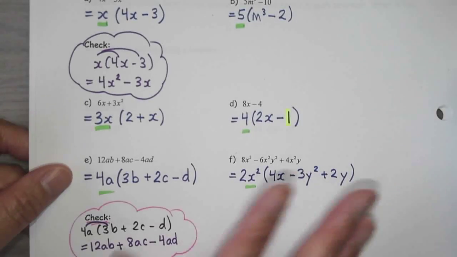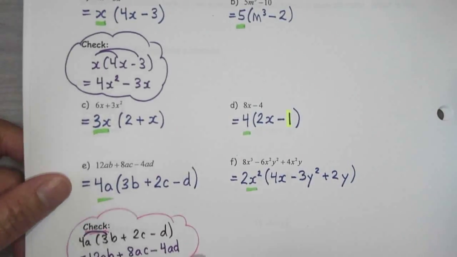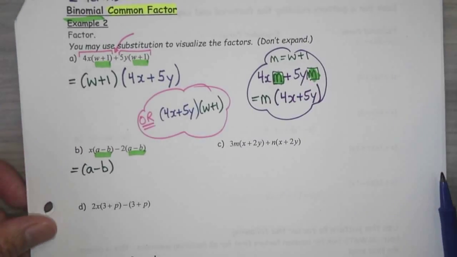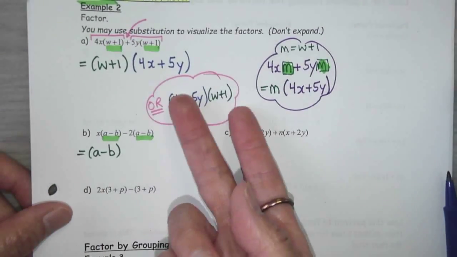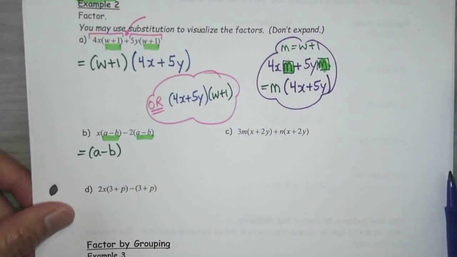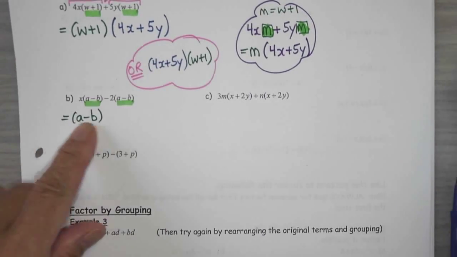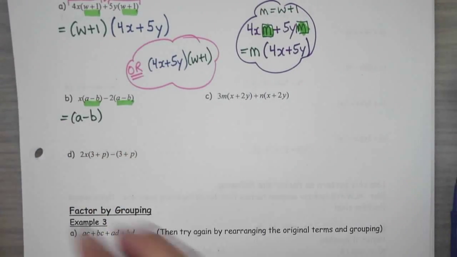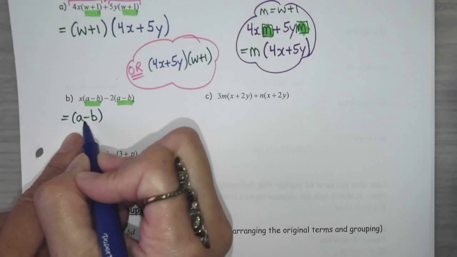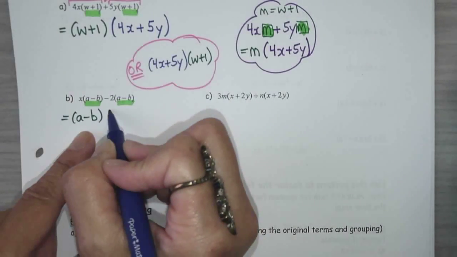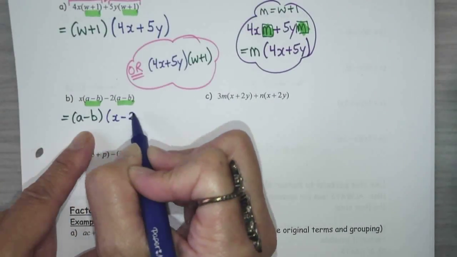There's kind of no choice on that one. We always like to clean it up and put the monomial first. But here, when you have binomials, you can write them in either order, backwards or forwards. They're the same answer. Here, we've got a plus a minus b, so I grab that same factor, and that goes in front, just one of it, and you write down what's left over.